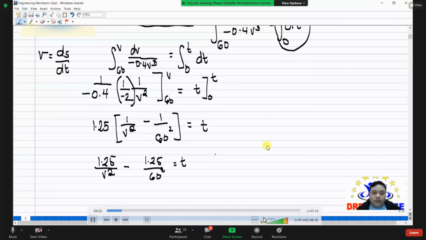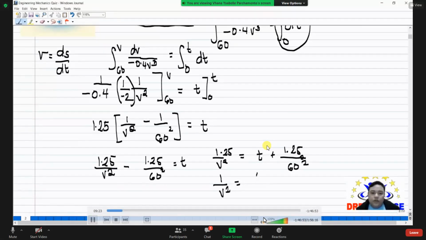So in terms of v squared, so 1.25 over v squared is equal to t plus 1.25 all over 60 squared. Yan. So, cross-multiply natin.